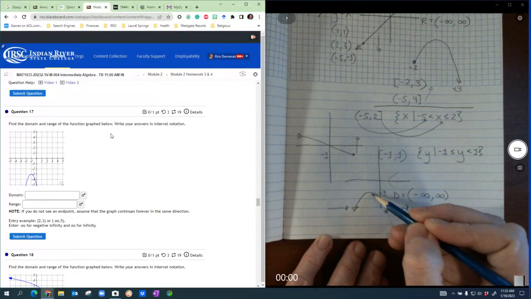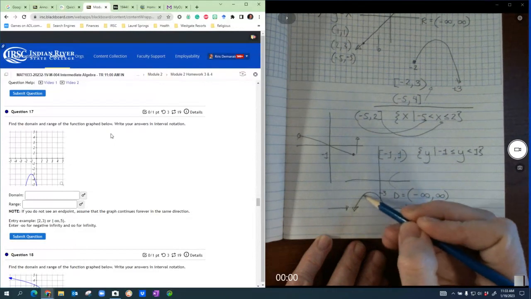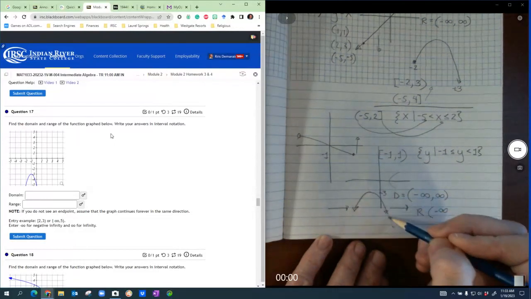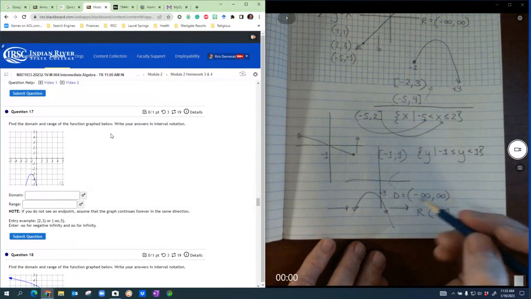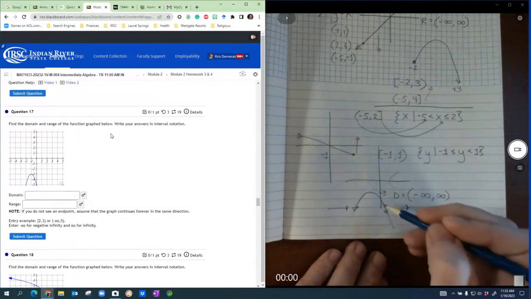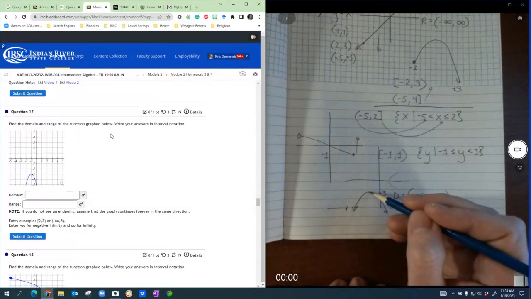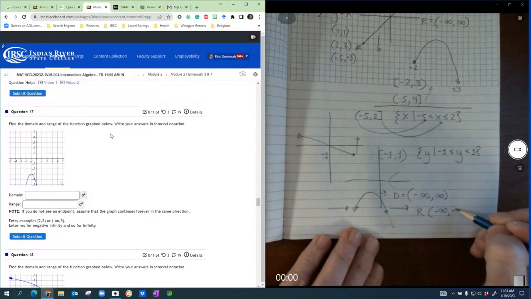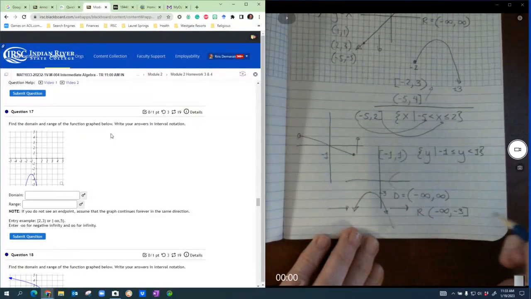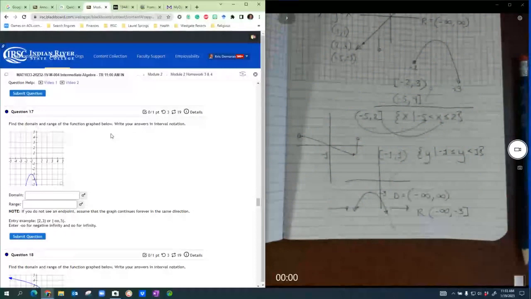It stops going up, and then it goes back down, down, down. So it's coming from negative infinity and stopping there, so we're going to say inclusive, and that is inclusive negative 3.